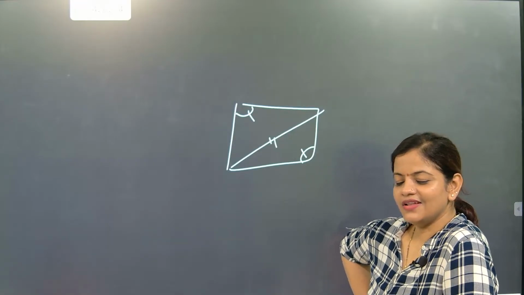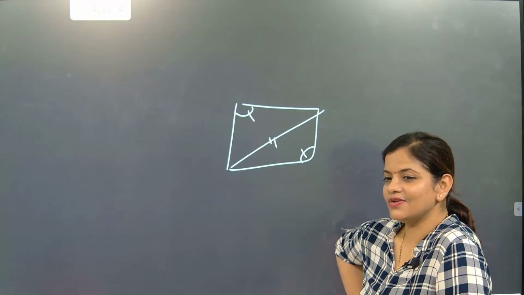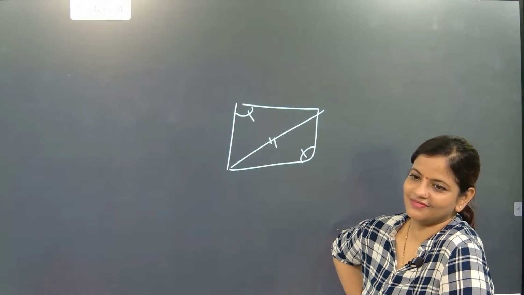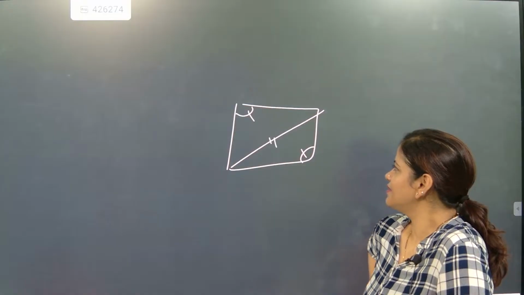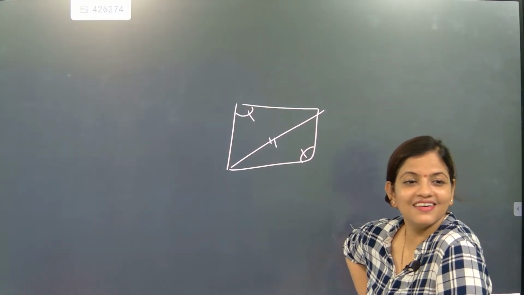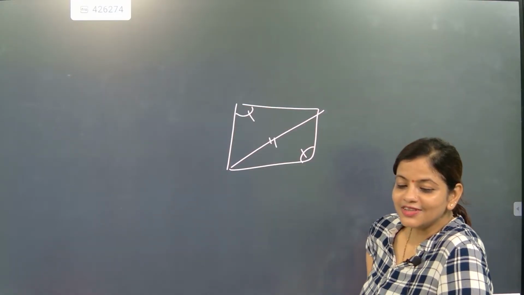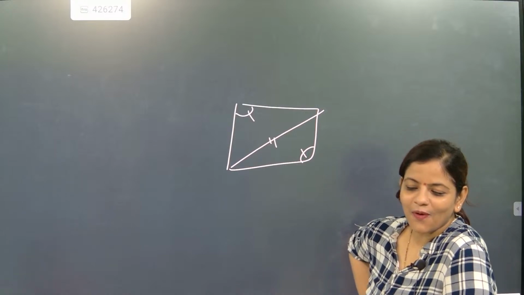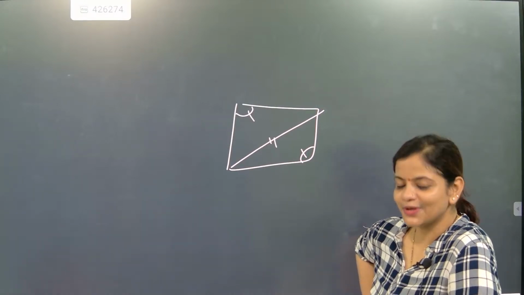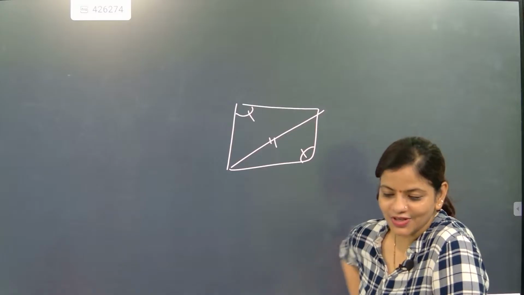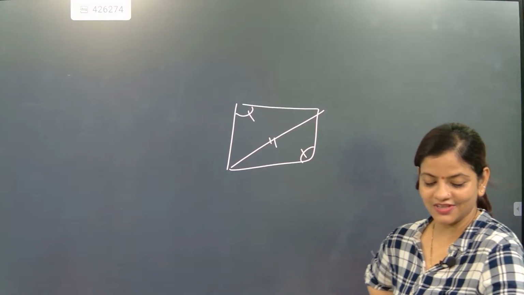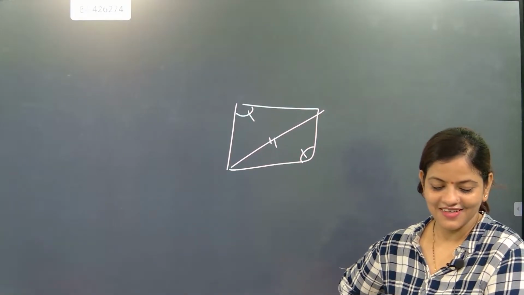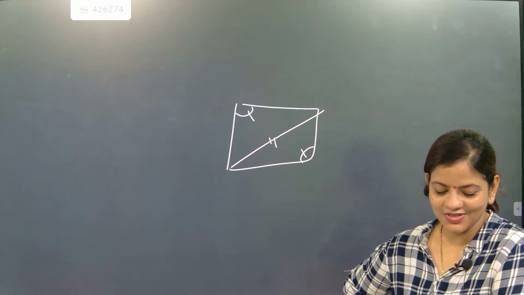When they said opposite sides are equal, they said only opposite angles are equal. Alternate interior angles will come when it is a parallelogram and all the opposite sides are equal. That is not at all necessary. First you need to prove it. First try this out.